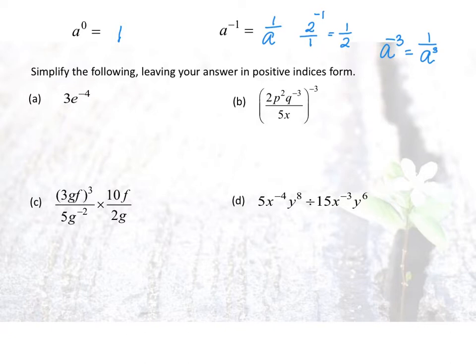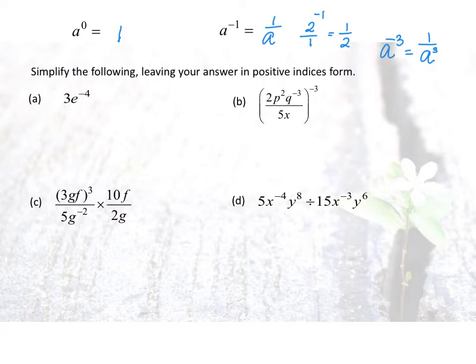Simplify the following, leaving your answer in positive indices form. Now let's take a look at the first question. 3e to the power negative 4. This negative power, negative 4, belongs to which number? 3 or the letter e? Or is it the whole thing, 3e?